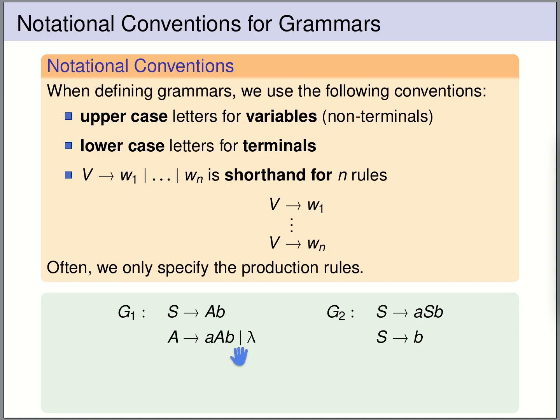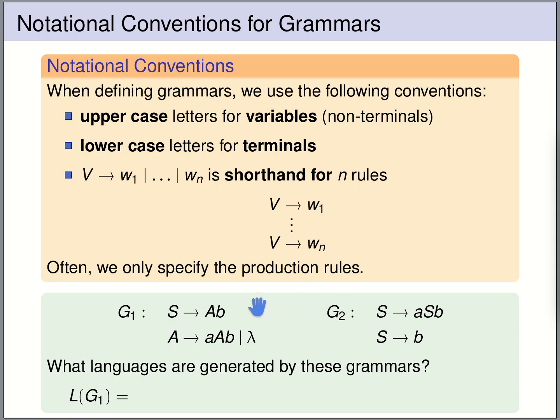So if you look at this example, you see that A can be rewritten to lowercase a, capital A, lowercase b, or, and this is formally a second rule, A can be rewritten to lambda.